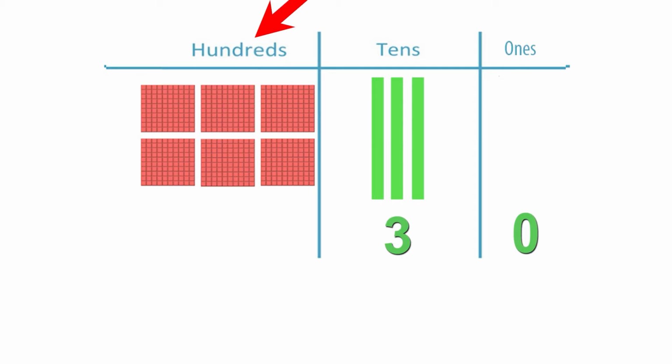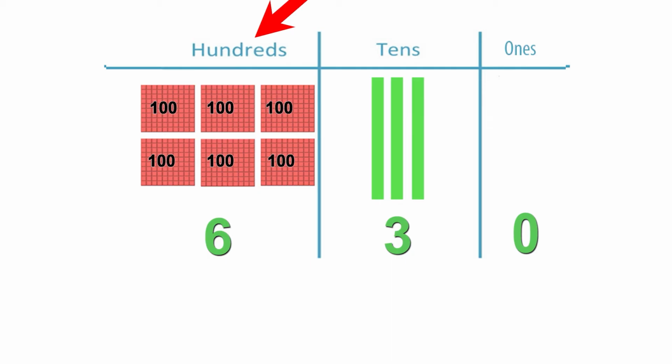Now we go over to our hundreds column. In our hundreds column, we can see 6 blocks. Now, one of those blocks represents 100. So 100, 200, 300, 400, 500, 600. Now 6 hundreds means 600.